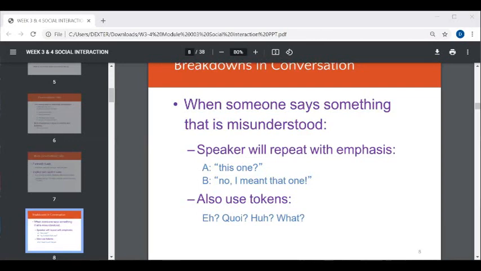As shown in the previous example, when the listener misunderstands what has been communicated, the speaker repeats what they said earlier using stronger voice, intonation, and more exaggerated gestures. This allows the speaker to repair the mistake and be more explicit with the listener, allowing them to understand and follow better what is being said. Listeners may also signal when they don't understand.